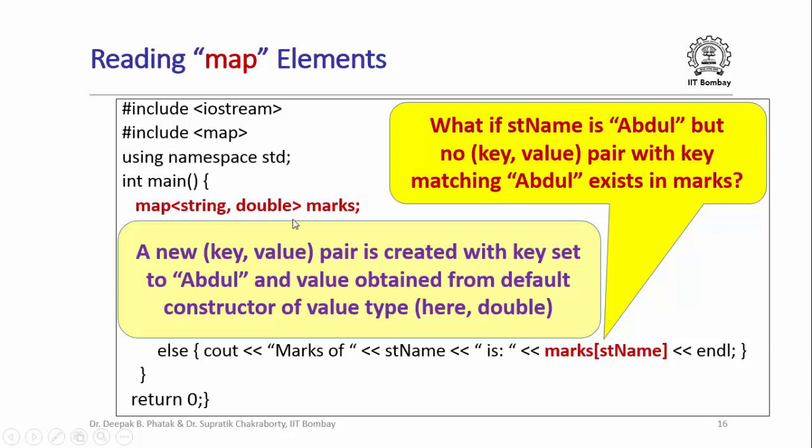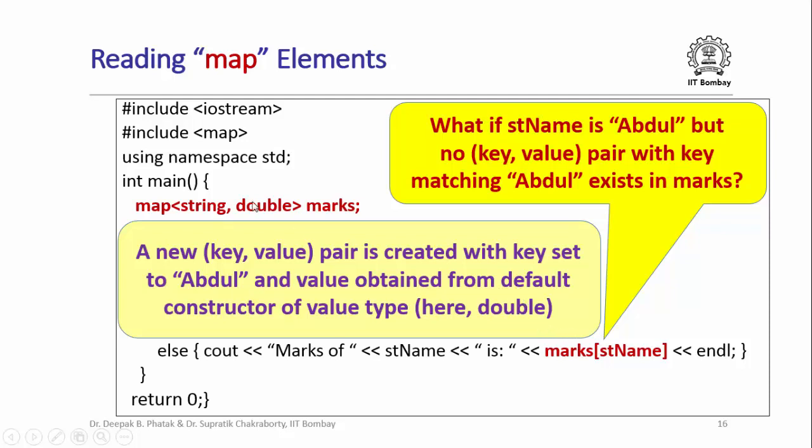Now here the value type is double. The default constructor of double does not return any specific value for the object of type double. So it basically contains garbage, and therefore when I'm trying to read this marks here using a string which does not appear as the key of any key value pair in this map, I will basically end up creating a new key value pair with the key set to Abdul and the value set to garbage.